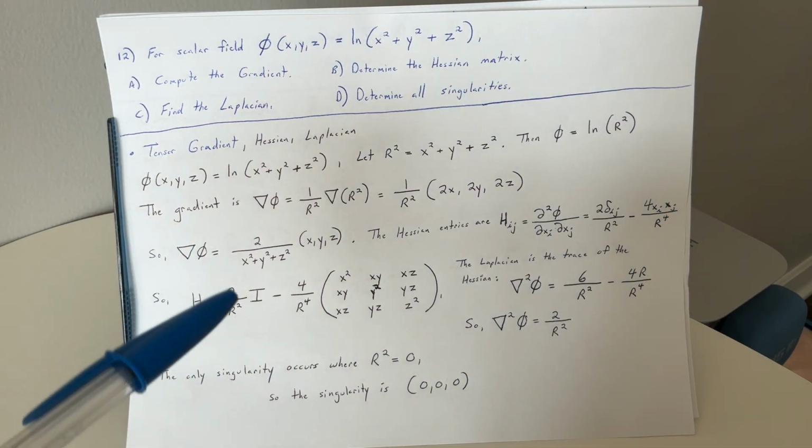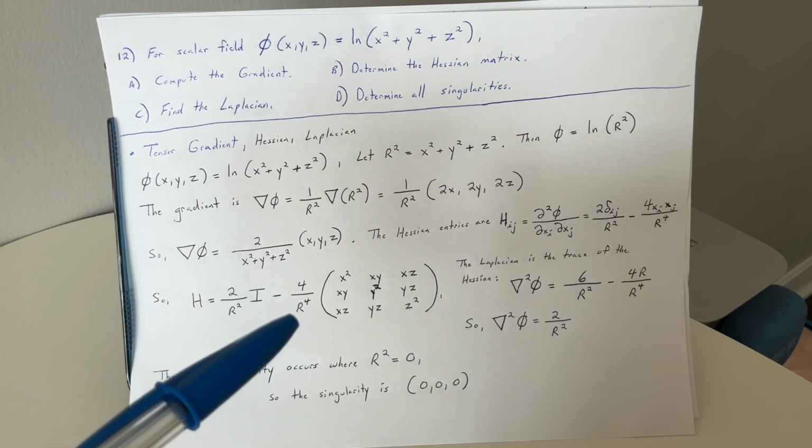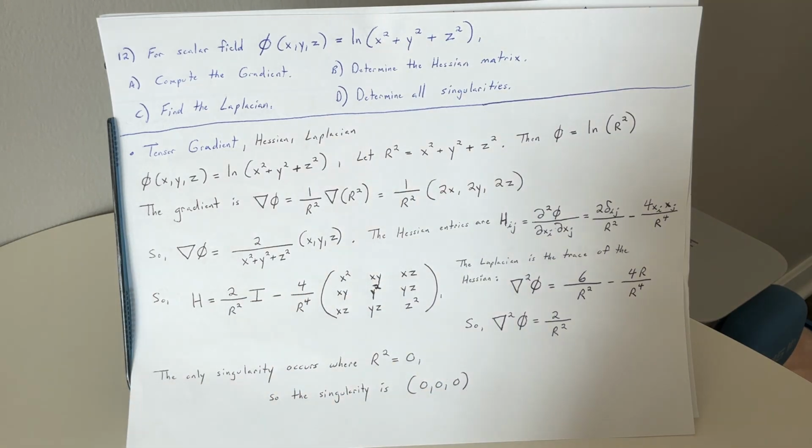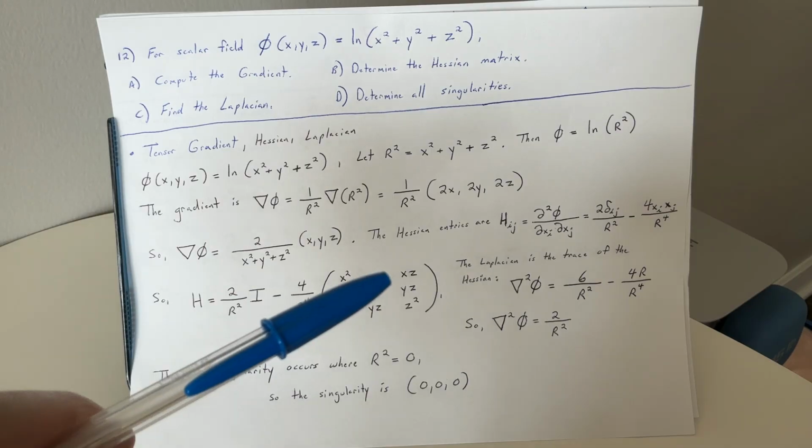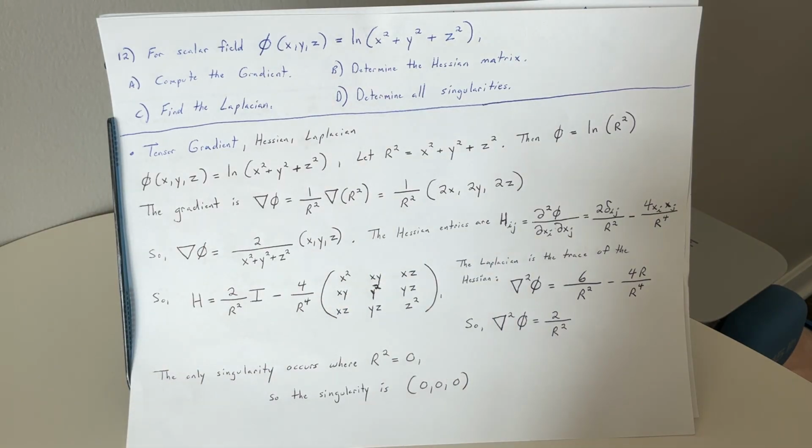So H is 2 over r squared times I, minus 4 over r to the 4th times this matrix: first row x squared, xy, xz; second row xy, y squared, yz; third row xz, yz, z squared.